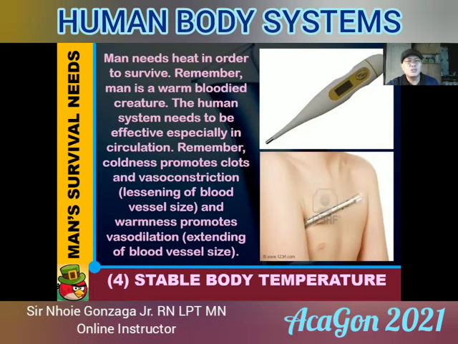And warmness promotes vasodilation, meaning making the blood vessels big so blood can travel faster. So our aim is to have heat in order to make the blood vessels big so that our body can have good blood circulation. And because of blood circulation, there will be stable body temperature or warmth.